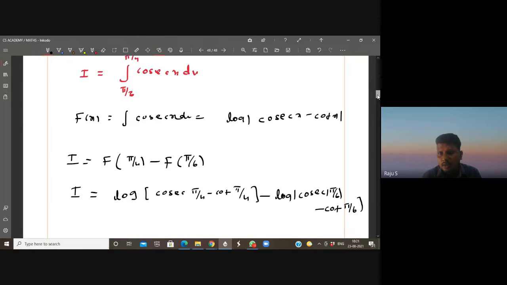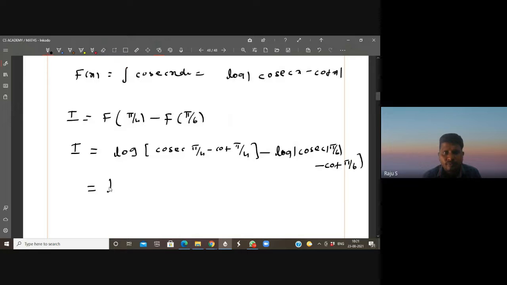Got it? What is cosecant 45? Shall I take root 2? 1 minus cosecant of 30. What is cosecant 30, students? 2 minus cot 30.